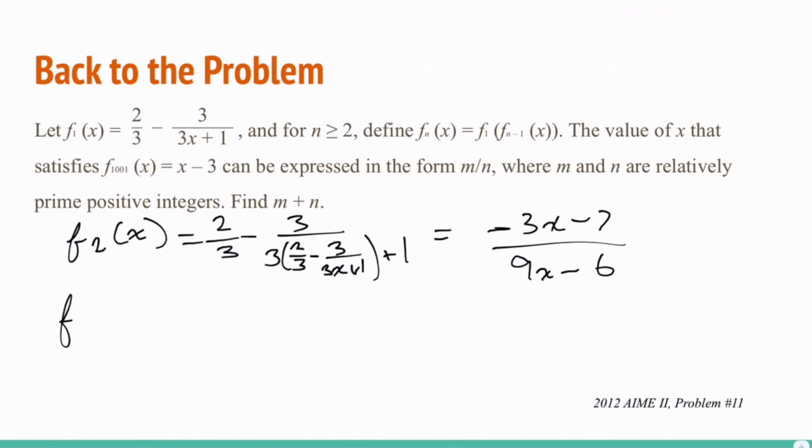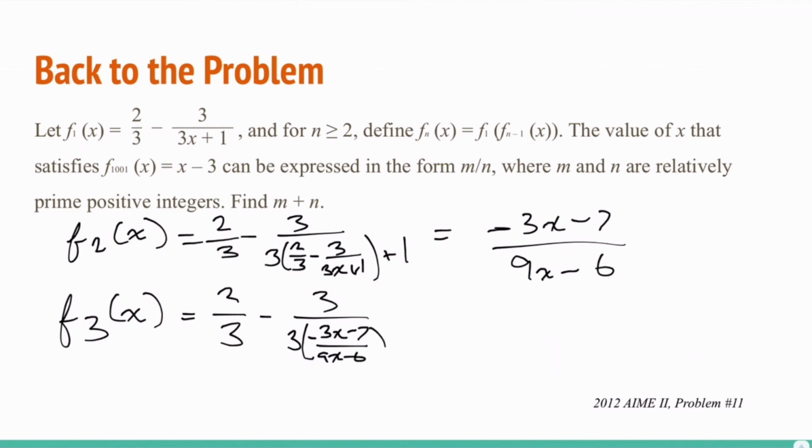Then f3 of x equals 2/3 minus 3 over 3 times negative 3x minus 7 over 9x minus 6, plus 1, which equals x.